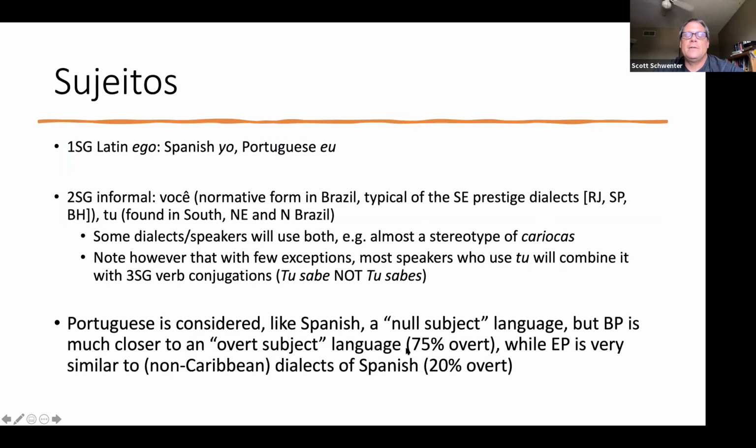So again, and some people have talked about this, this is a case where Brazilian Portuguese actually resembles Caribbean dialects of Spanish, using more overt subjects than other dialects of Spanish or European Portuguese. Nevertheless, this percentage is much higher than Caribbean dialects of Spanish, the studies that I know of, that typically say 40 to 50% overt for Caribbean dialects of Spanish. It's much higher for Brazilian Portuguese.